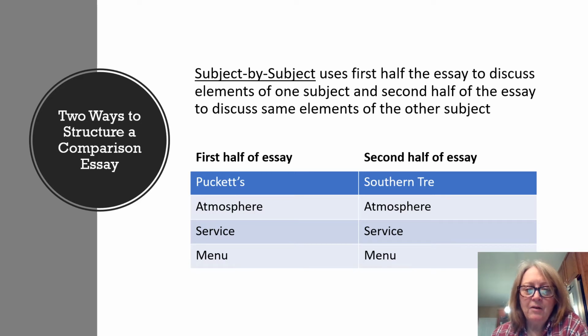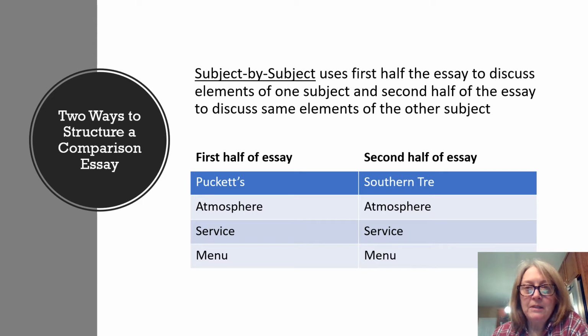If you were comparing restaurants using the subject by subject structure, you might use the first half of your essay to discuss Puckett's restaurant, and you might cover the elements, the atmosphere, the service, the menu, and then you would use the second half of your essay to cover another restaurant, say maybe Southern Tray, and you would talk about its atmosphere, its service, and its menu.